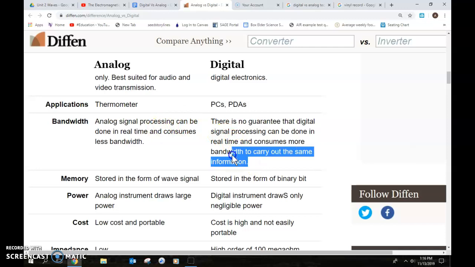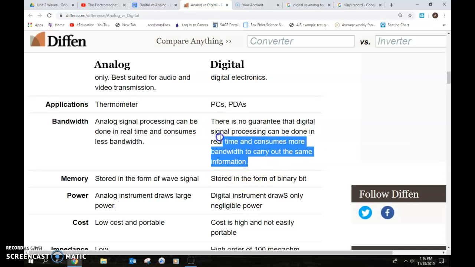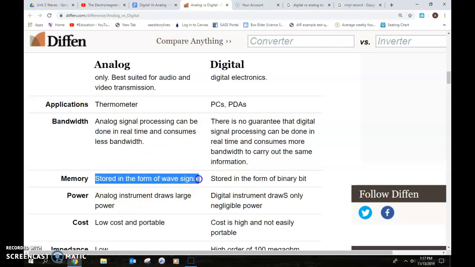So if you're going to have digital, you need more bandwidth. Like Utopia always boasts that they have 250 megabytes of bandwidth, so that you can not only have one digital device taking in waves, they will actually have lots. Your memory stored in analog, you can't get very much on these old things.